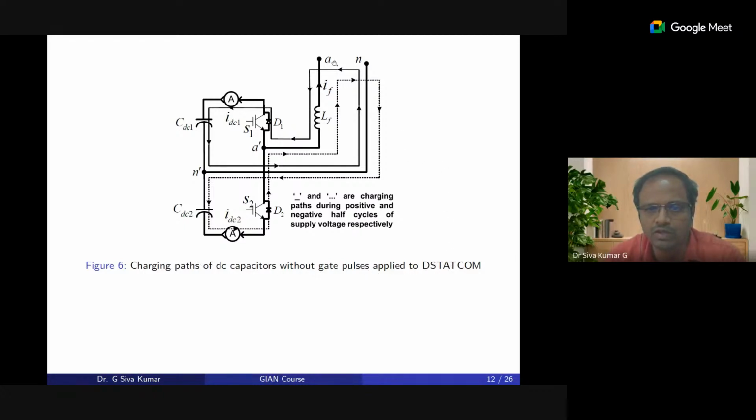You can see over here, even when you don't apply switching pulses to S1 and S2, the diode is conducting. When this diode D1 is conducting, anyone? When is this diode going to conduct?